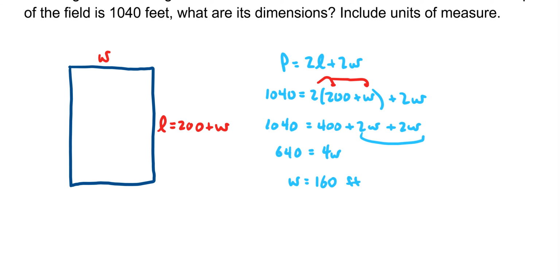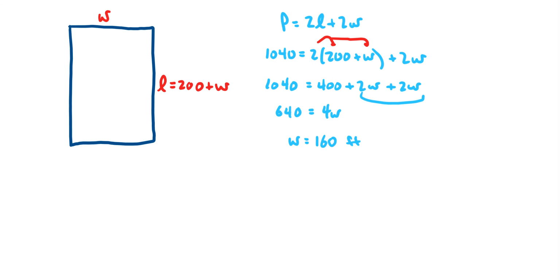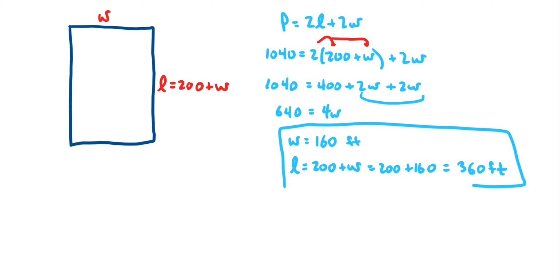That means we want L and W. We already have W. Now we go ahead and find L. We can use this little formula that we created for L. L is 200 plus W. The reason why that comes in handy is because we just found that W is 160, so we can just plug that in. 200 plus 160 gives us 360 feet. So the dimensions of the field are 160 feet by 360 feet.